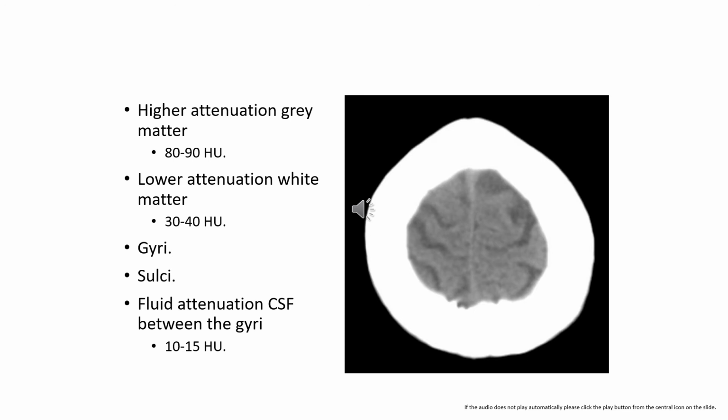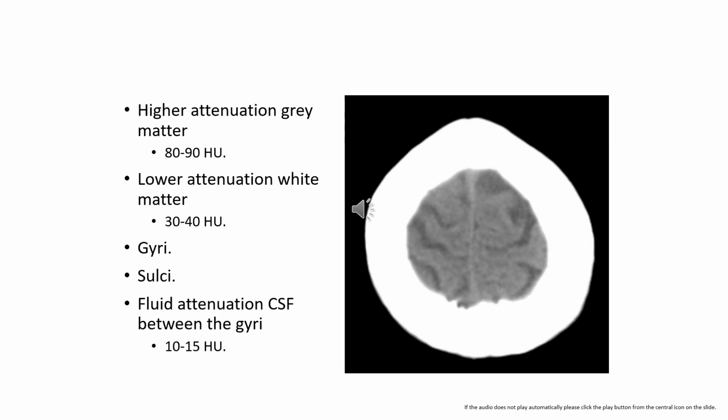So the folded structure of the grey and white matter gives this gyral structure across the brain. And between these gyral structures, we see the lower attenuation CSF within the sulci.